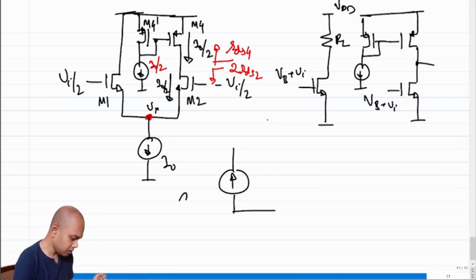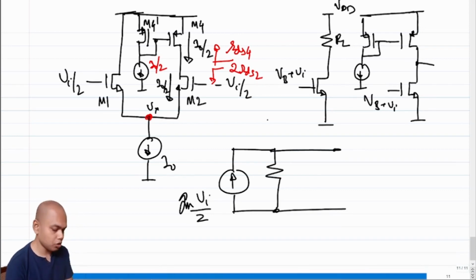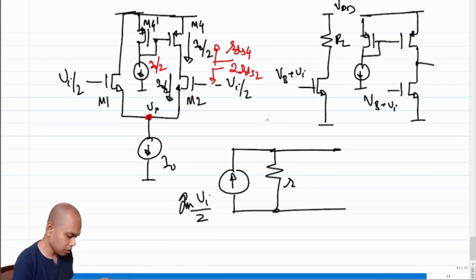This remains gm times Vi, or rather gm times Vi by 2. The only thing that changes is the output resistance. Instead of RL parallel to RDS2, now this becomes RDS4 parallel to RDS2, right? So this becomes V0. V0 is the drain, so this is V0.